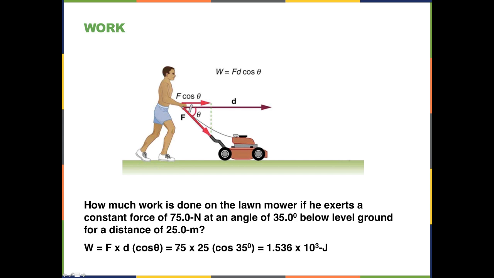So 75, which is F, times cosine 35 degrees, times 25, the distance. If you do the math here, you get 1,536 joules. And joules, which is a newton meter, is the most common unit of energy or work that you'll be working with.